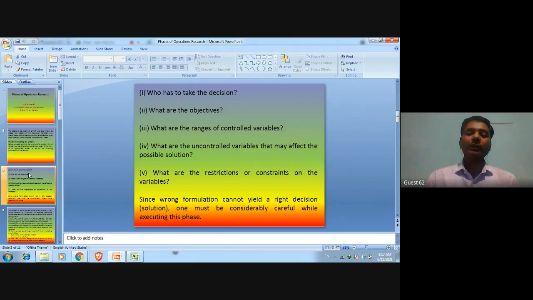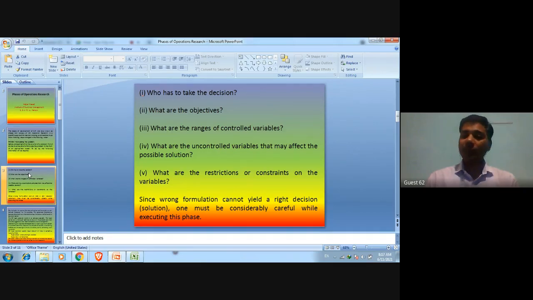If you are looking at the internal variables, or controlled variables, these could be problems related to your employees, your manufacturing process, your decision making, or problems with the objectives that you have set. These are the internal factors which can affect your formulation of the problem.